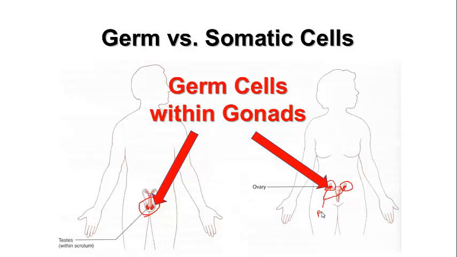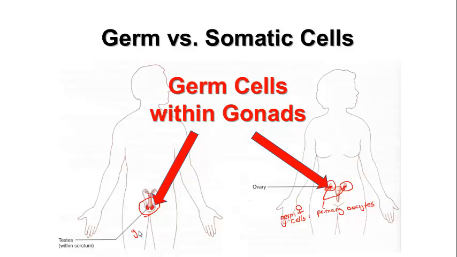So somewhere within these structures, we have germ cells referred to as primary oocytes. All right, and in the testes, the germ cells are called the primary spermatocytes.